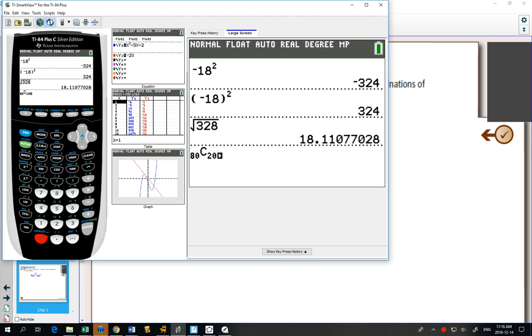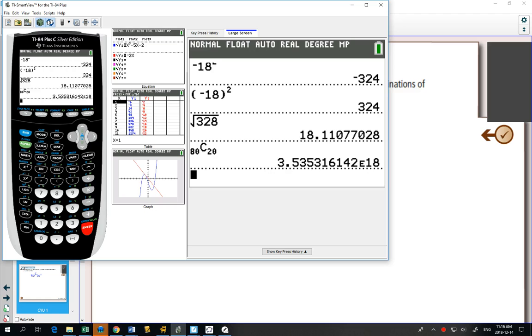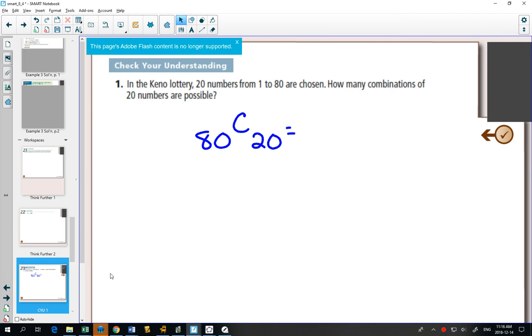So you can do 80 choose 20. 3.53 times 10 to the 18. Which is a huge, huge number. So your chances of getting the right 20 numbers are very, very slim.